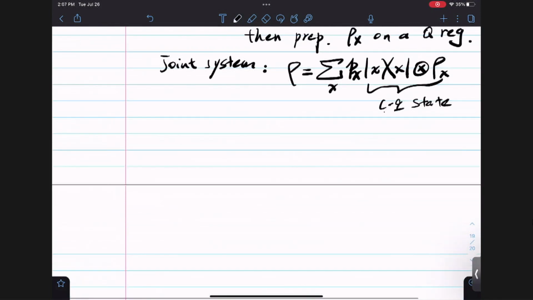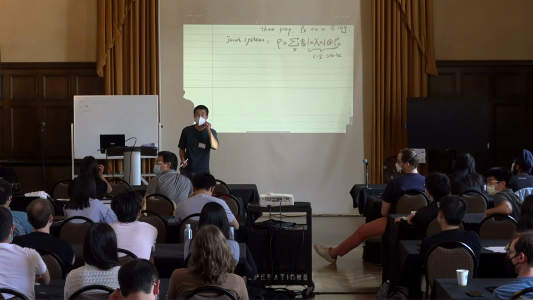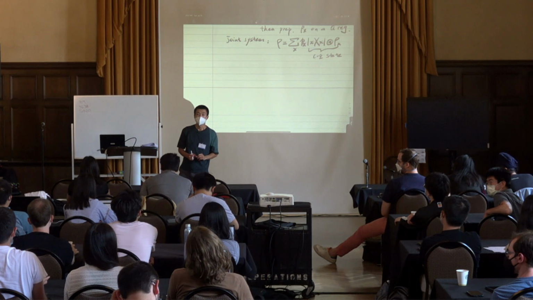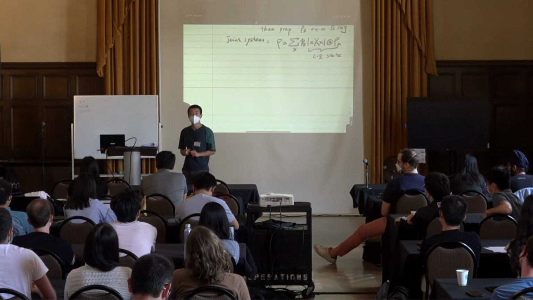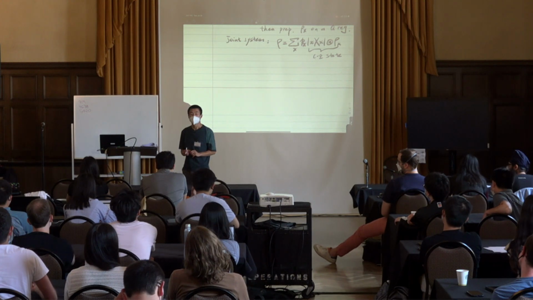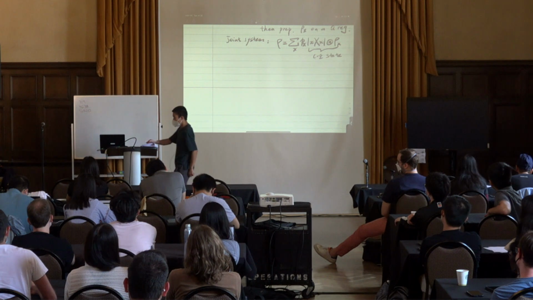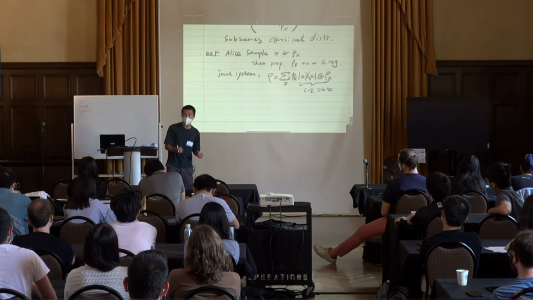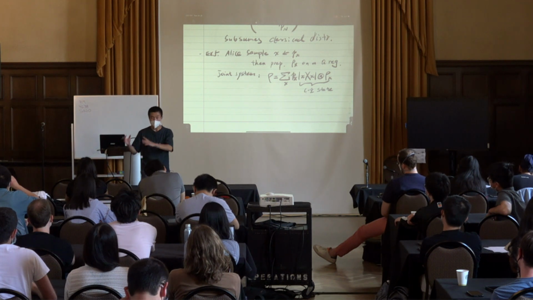Yes? You're asking what I mean by classical distribution? It's like I flip a coin, right? Then I get heads with probability half, or tails with probability half.